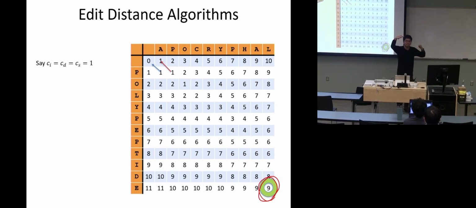You compute the distance from the given word to every word, and you might return the best one. Yeah, right. But what I described here is just how to compute the distance for one pair of words.